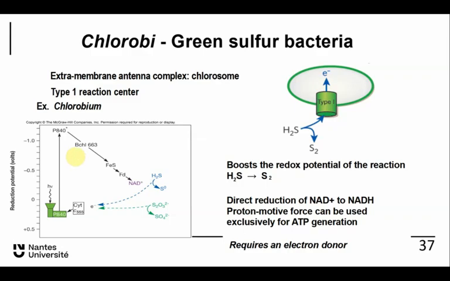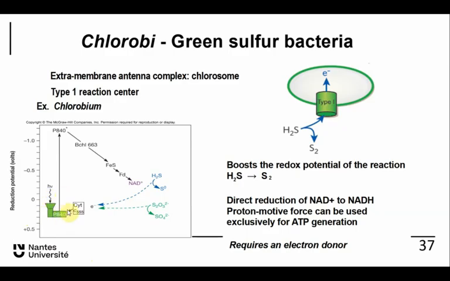So in Chlorobium, the green sulfur bacteria, they only have photosystem 1. So what is happening here is that photosystem 1 will absorb one photon.